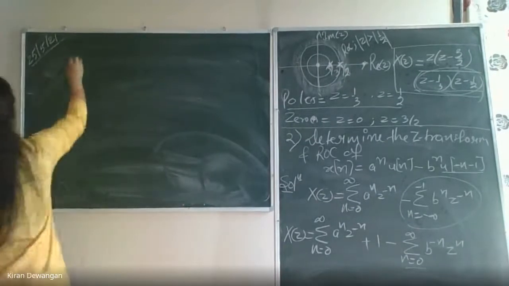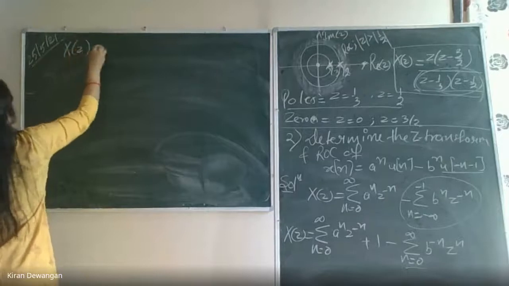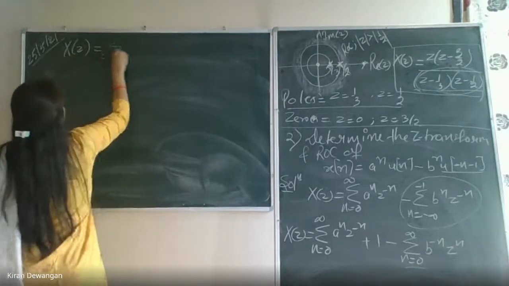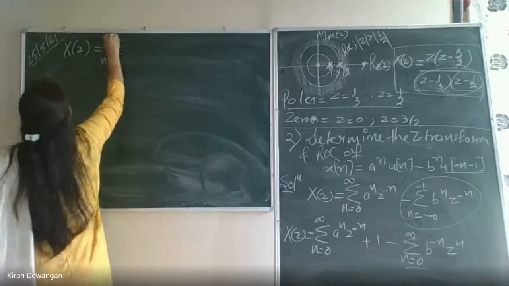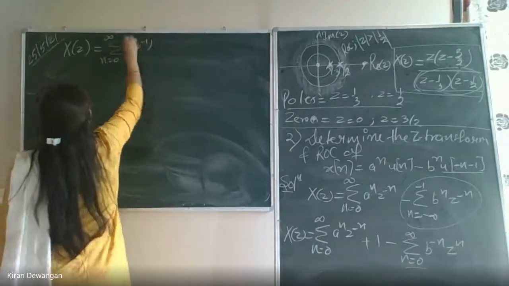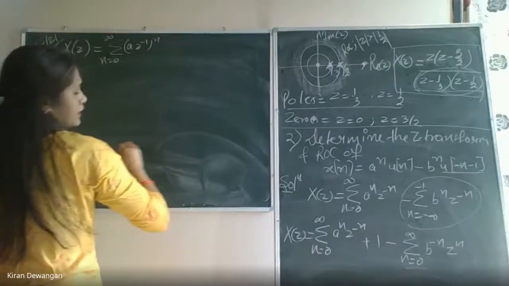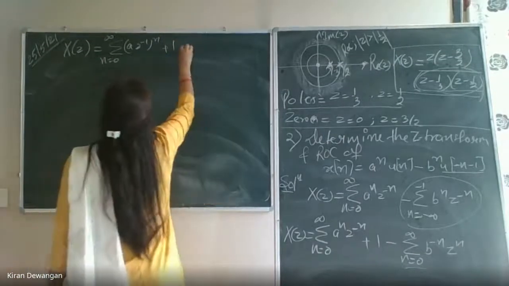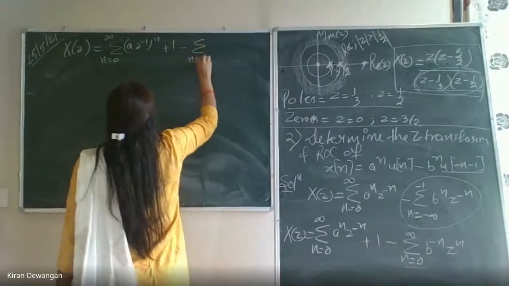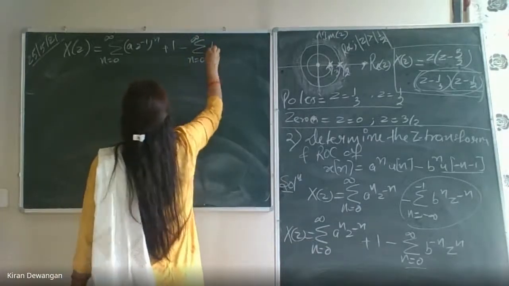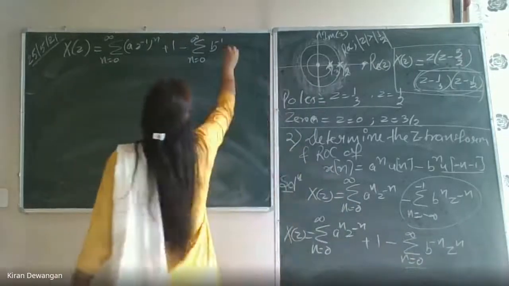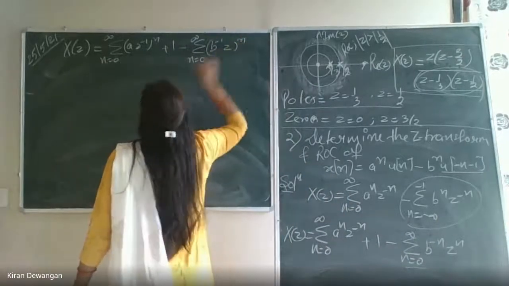Now the x of z can be written as the first one, summation n 0 to infinity a z to the power minus 1 का whole n, ठीक है, plus 1 will be as it is minus summation n 0 to infinity b to the power minus 1 into z का whole n.